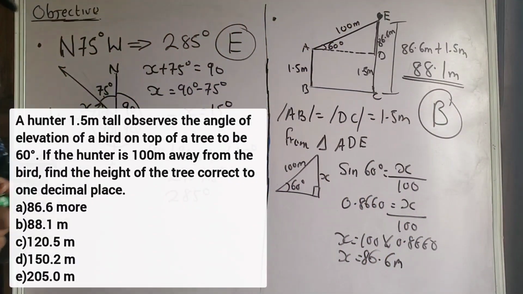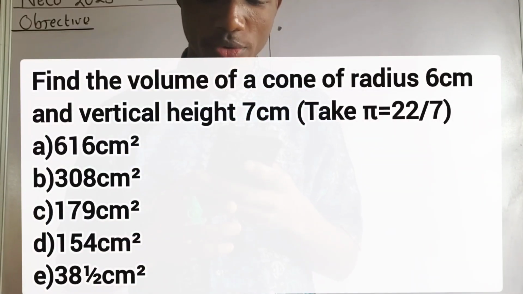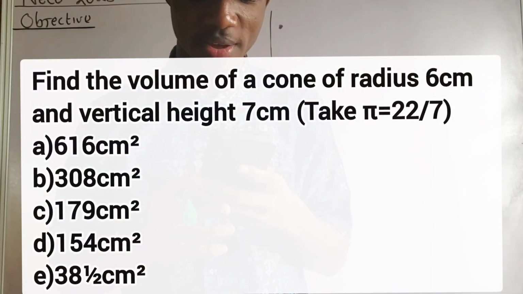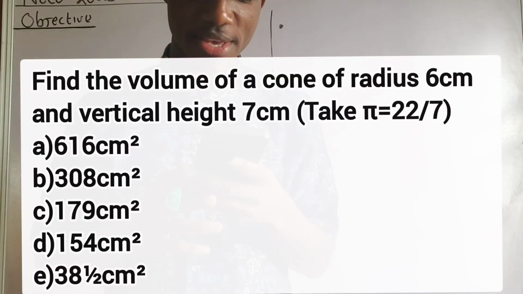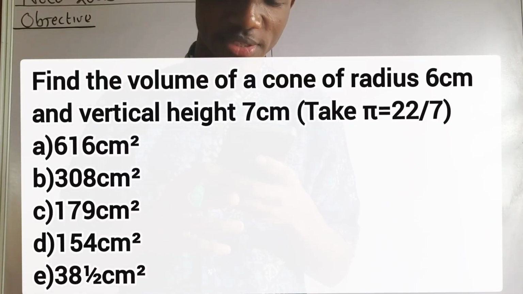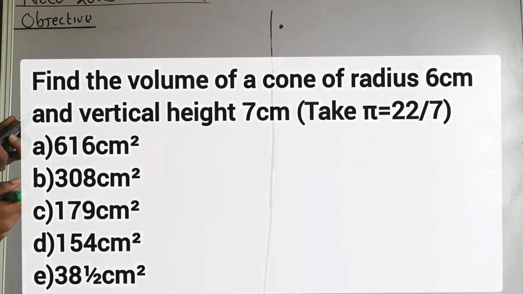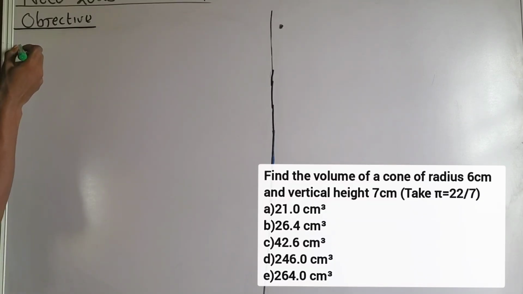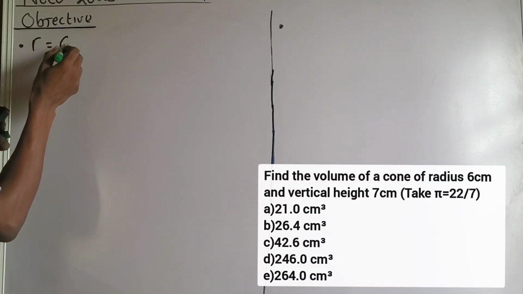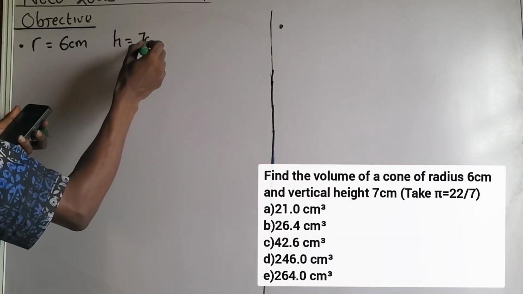Okay, let us proceed to the next question. Find the volume of a cone of radius 6 cm and vertical height 7 cm. Take pi equals 22/7. From the question we are given that the radius of the cone is 6 cm and the height is 7 cm.